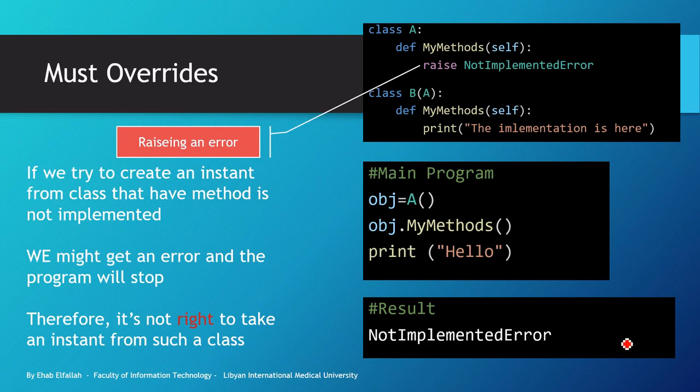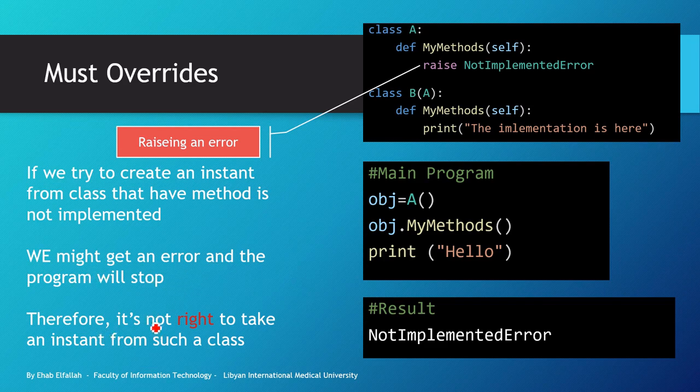Here we have the same example, but we try to create an instance from a class that has a method that is not implemented. The parent class A has a method that raises an error. We cannot take an instance from class A and call the method my_method, because this will stop the program and raise the NotImplementedError. So we might get an error and the program will stop.